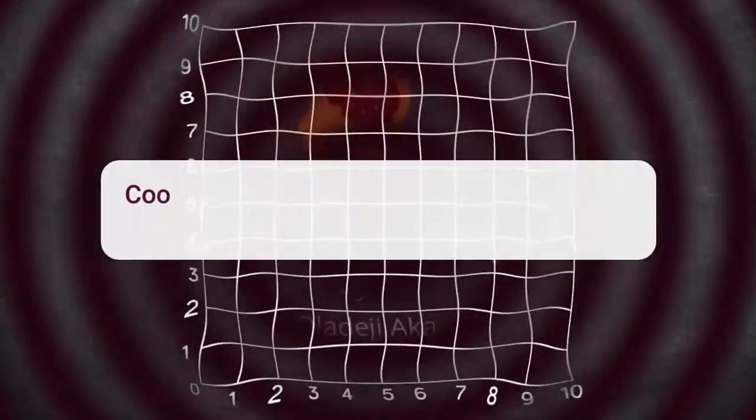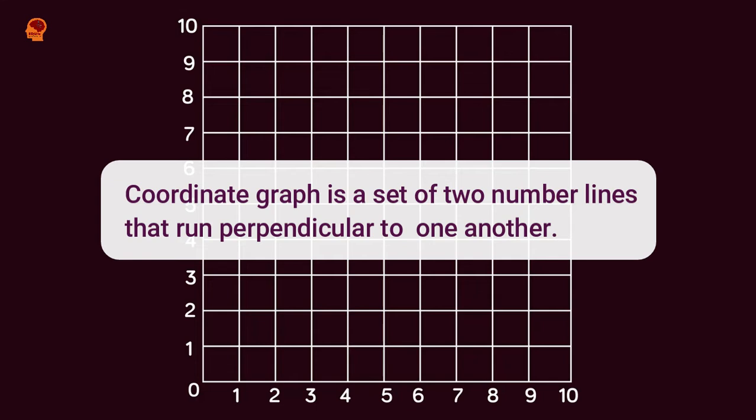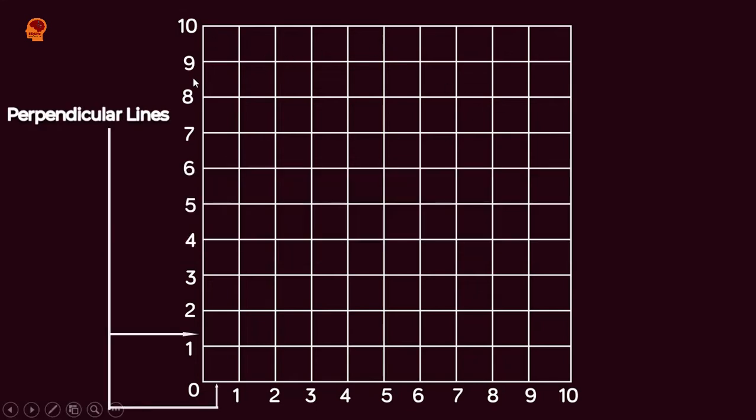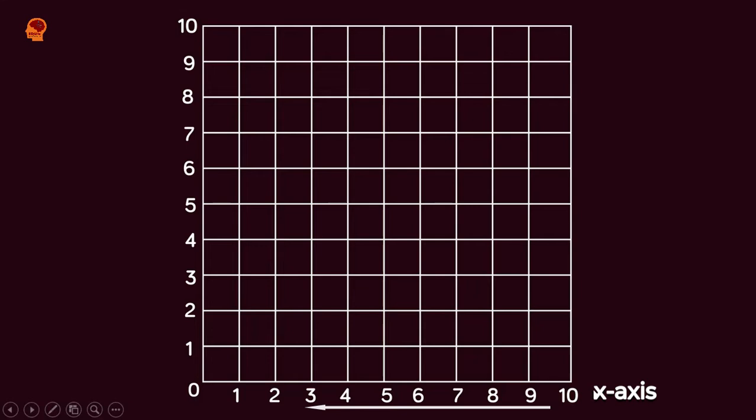A coordinate graph is a set of two number lines that run perpendicular to one another. These are the two perpendicular number lines, and they are called axes. The horizontal number line is the x-axis, and the vertical number line is the y-axis.